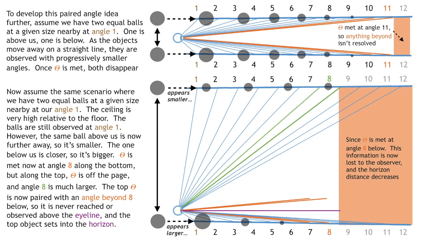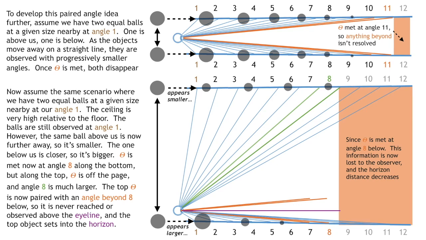So our angle 8 along the top, you can see, is much bigger in comparison to angle 8 along the bottom. And if we try to find what number theta would correspond to along the top, it's off the page. It would possibly be in the hundreds.